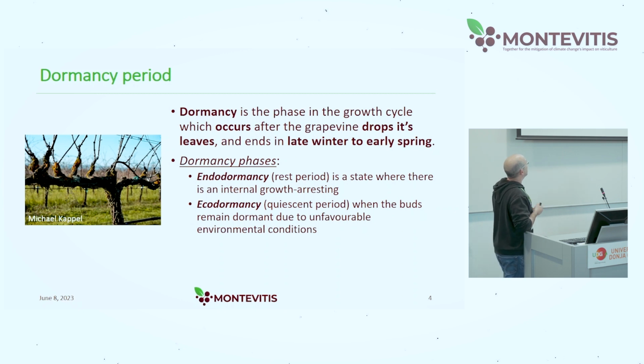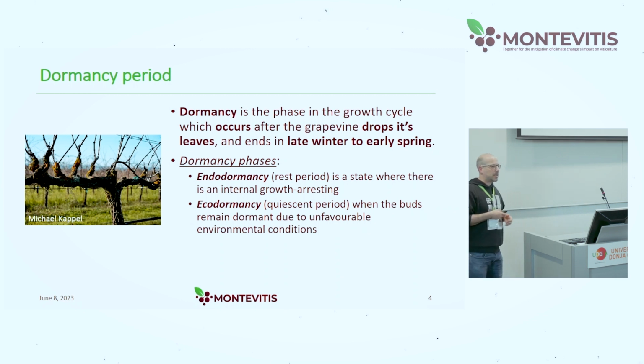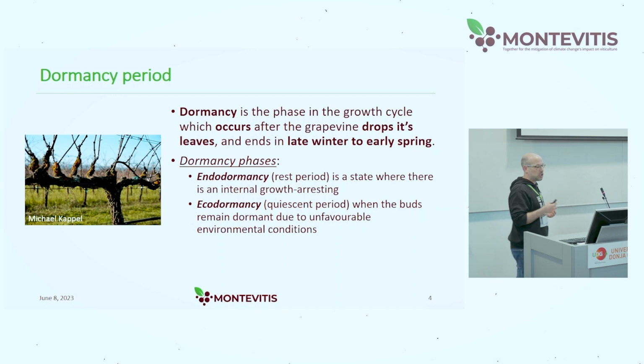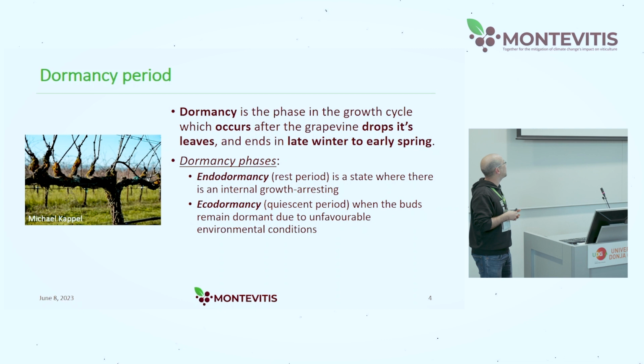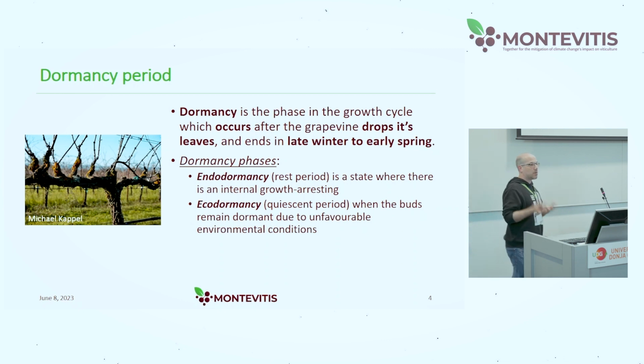The first is the endodormancy, a rest period related to the internal characteristics of the plant. Then we have the ecodormancy, a quiescence period in which the growth of the buds is affected by external conditions, in this case the temperature. So we usually relate the first part to cold temperatures and the second one to warm temperatures.